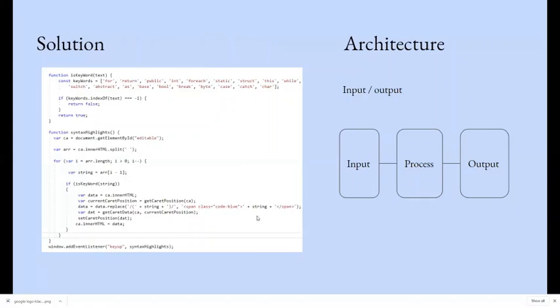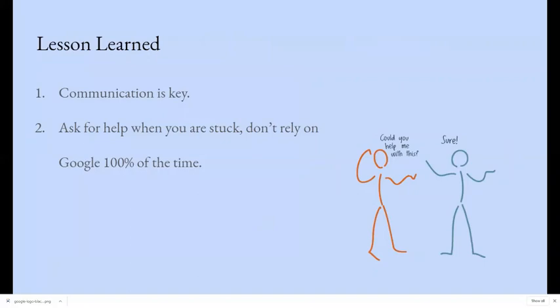And one of the lessons I learned during this internship was that communication is key. Knowing what is required from you and knowing every specification for your assignment and project is key.